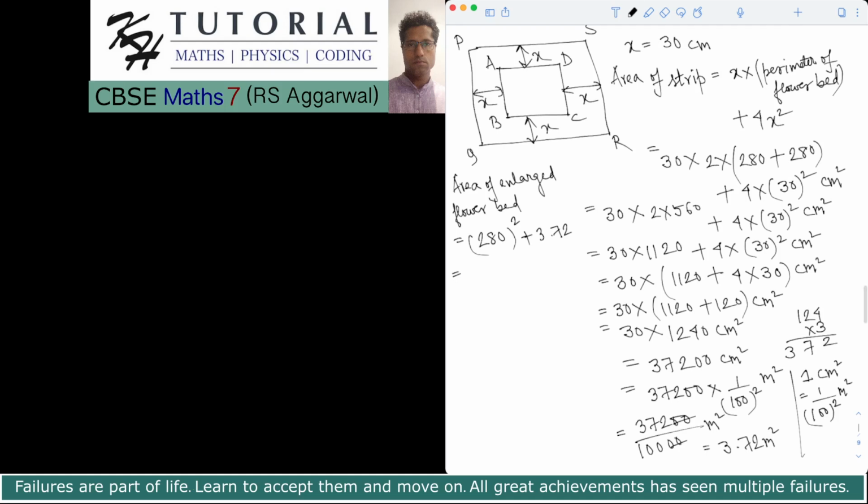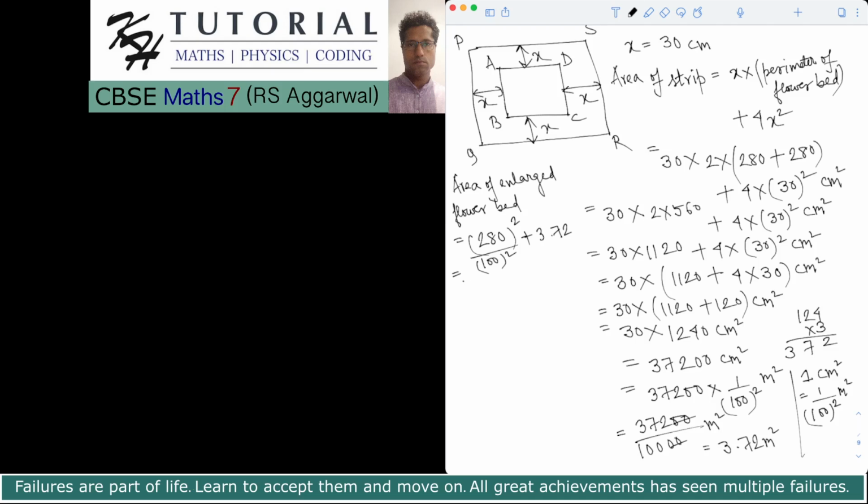So we have to divide 280 square by 100 square so that it becomes meter square. Okay, so what is 280 square? 28 multiplied by 28 is 784.